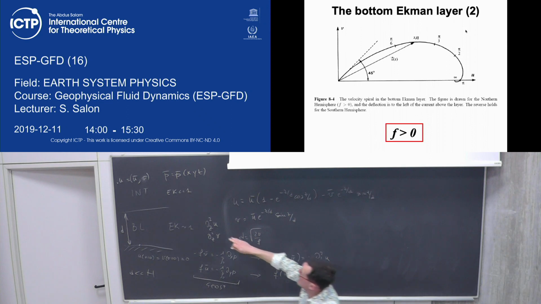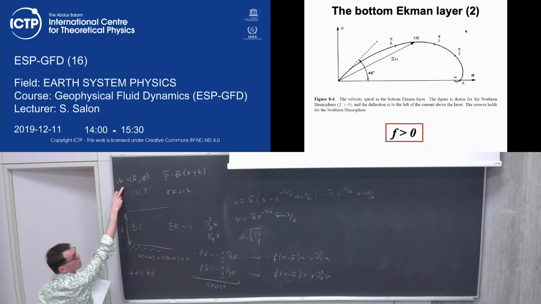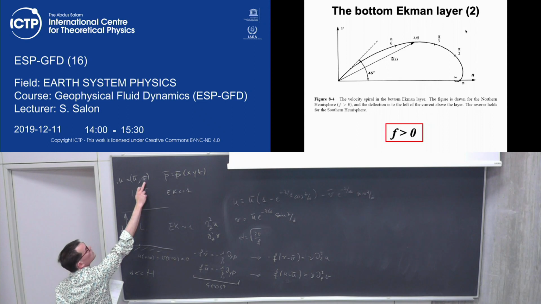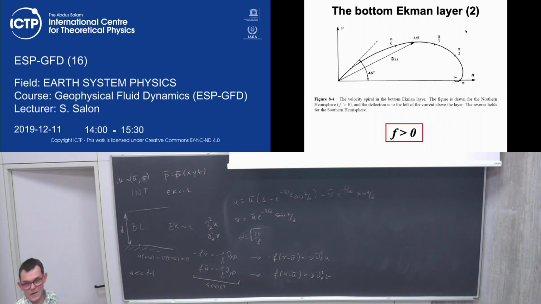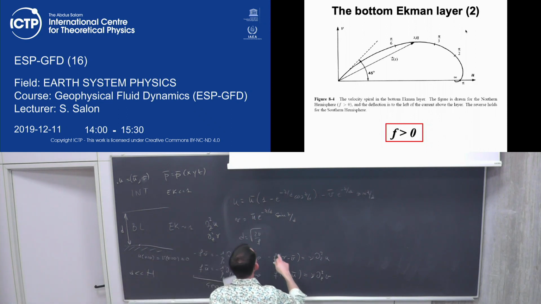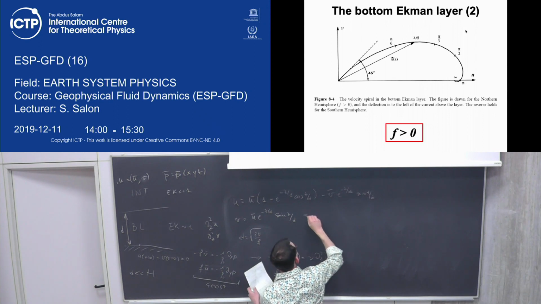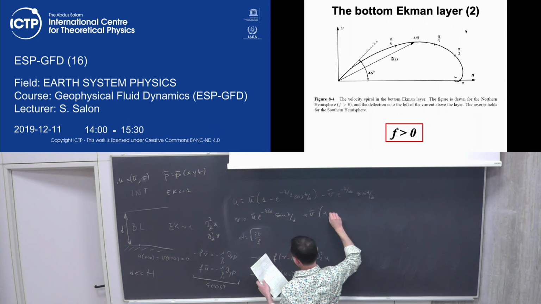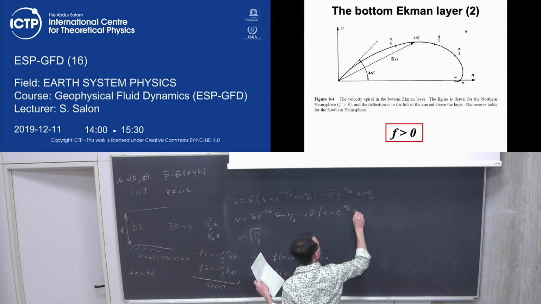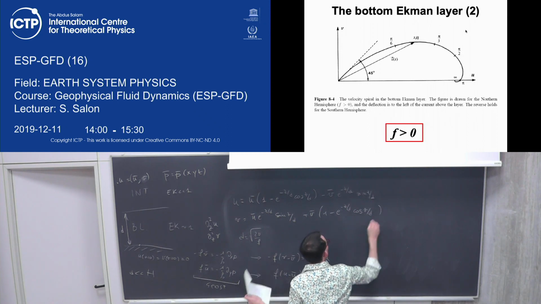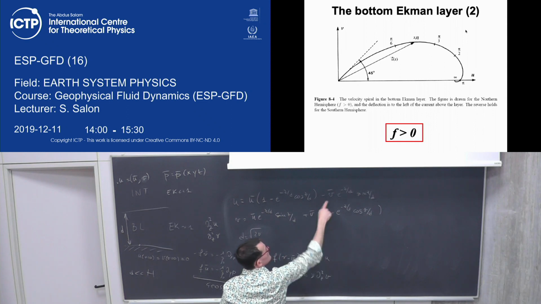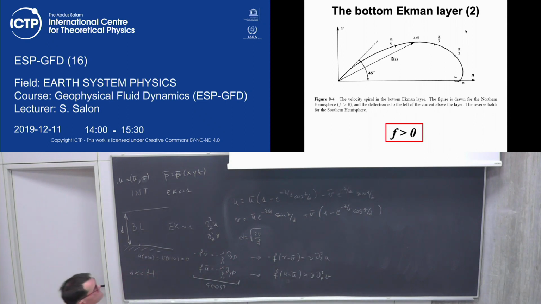So I'm just allowing the interior flow, this geostrophic flow, to have also the velocity in the transverse direction, generalizing a little bit more the simple case that we saw initially. And so the two solutions will be the same as before, but of course we will have V bar.